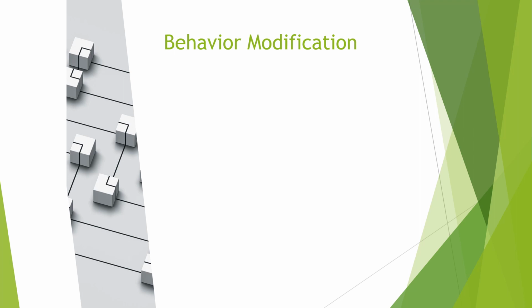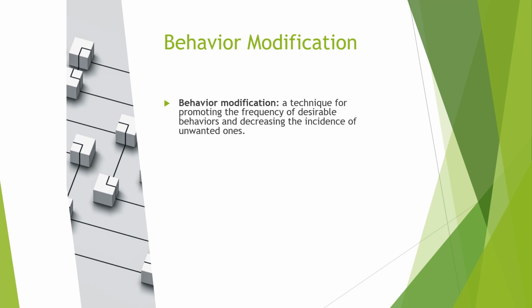That is when we use behavior modification. So it is a technique for promoting the frequency of desirable behaviors and decreasing the incidence of unwanted behaviors. So use behavior modification when you want to see more desirable behaviors and not see undesirable behaviors.